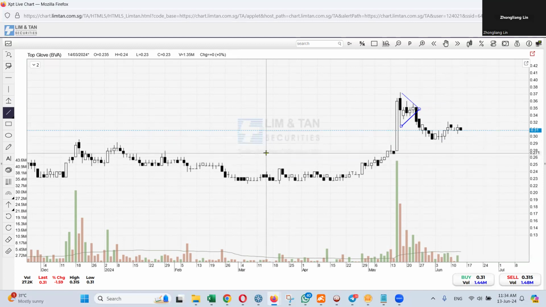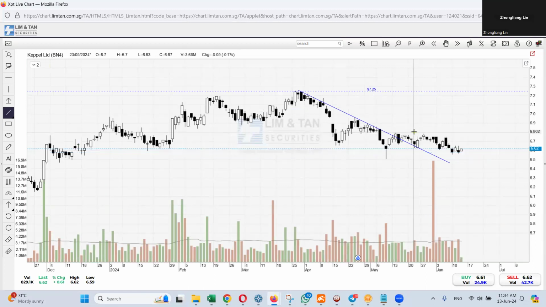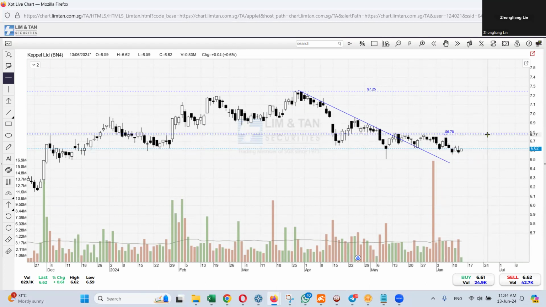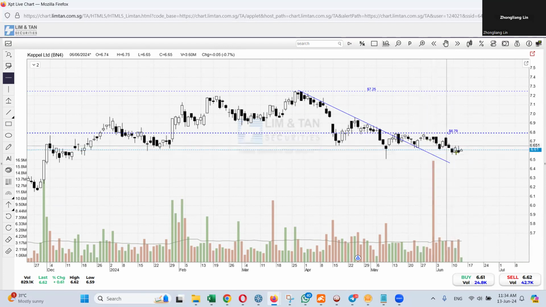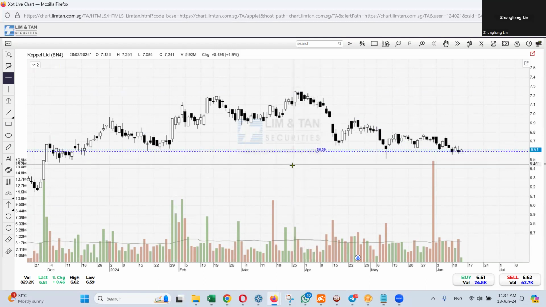Okay, next is this Keppel. So I mentioned Keppel's crucial moment is to break out above 679. But unfortunately, it did not manage to break out above 679, and then it goes into a downward movement. In the bigger picture, you are looking at a sideway, and Keppel really is facing a tough time, where the major question now is whether this major support at about 659 would hold or not.